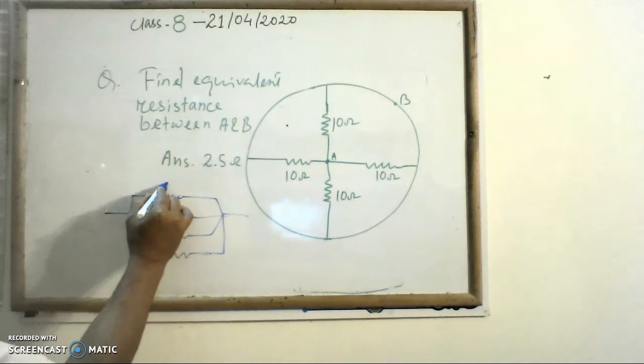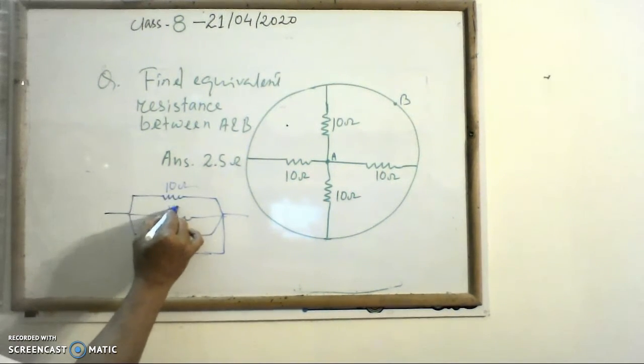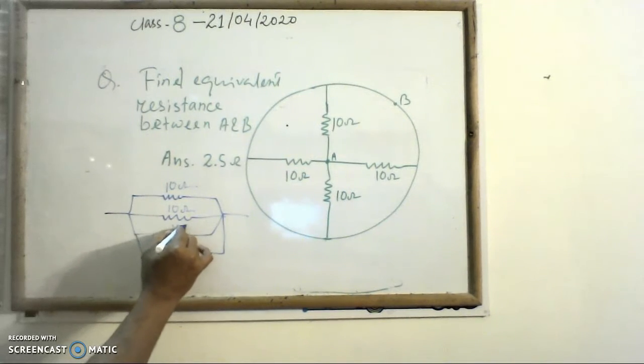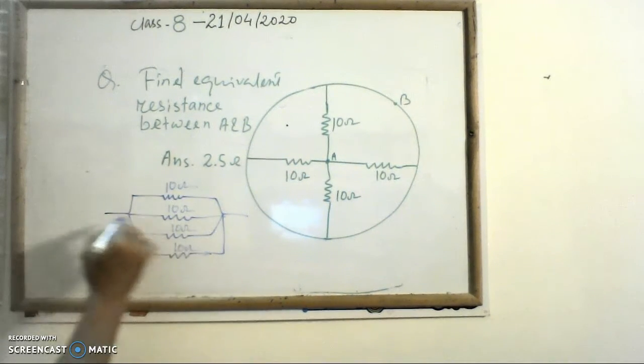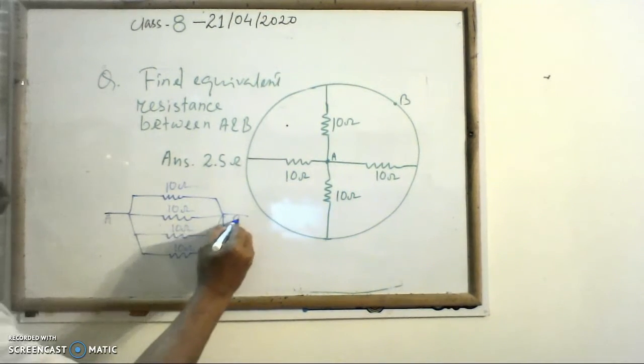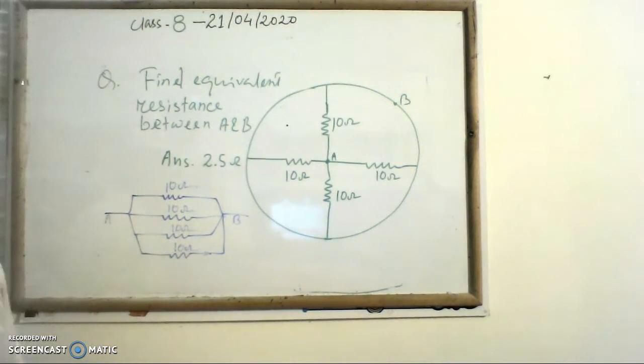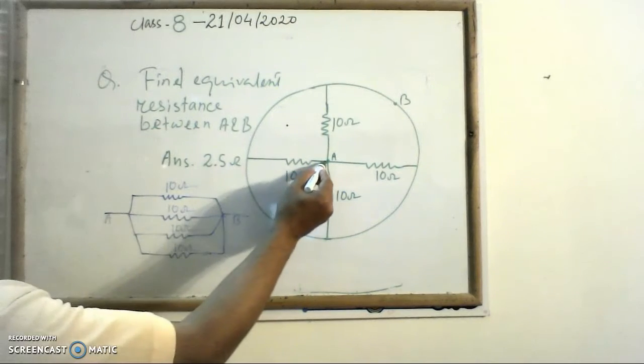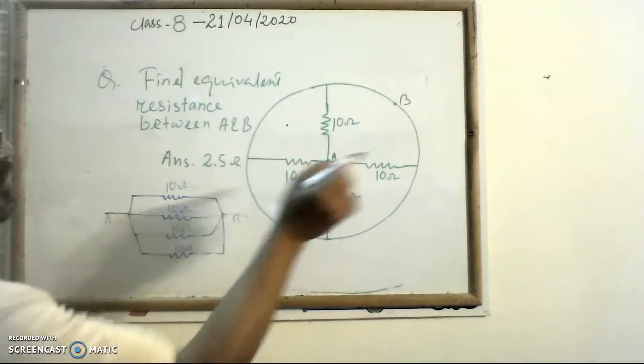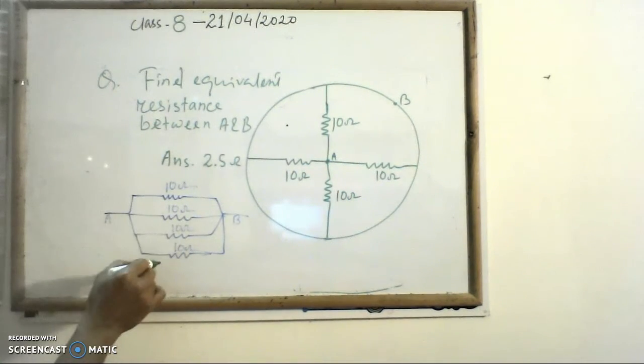Okay. 10 ohm, 10 ohm, 10 ohm, 10 ohm. This is A and this is B. Very simple. So A point is this. From A you are going 10, 10, 10, 10, 4 times.